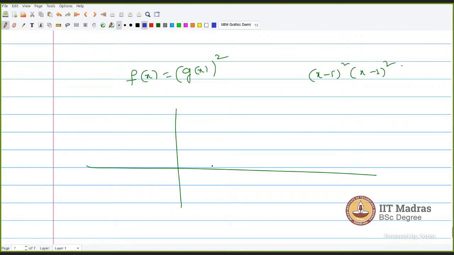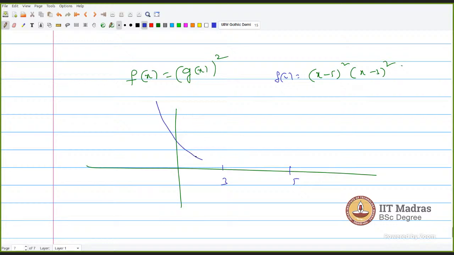You know that this is f of x. At x minus 5 and x minus 3, 3 and 5 are the roots, and both have multiplicity 2, and it is an even degree.